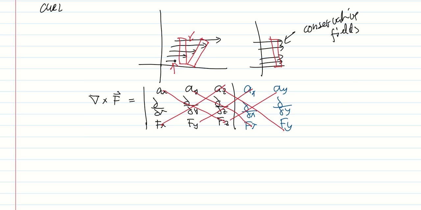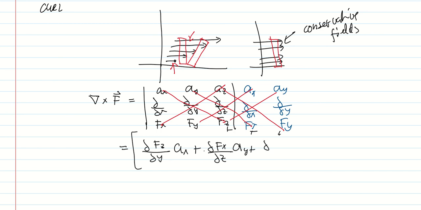The result, for the positive terms, will be the partial derivative of f_z with respect to y in the x direction, plus the partial derivative of f_x with respect to z in the y direction, plus the partial derivative of f_y with respect to x in the z direction.